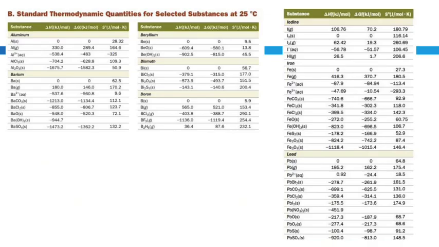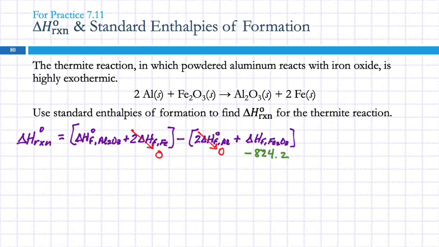And the other one I need is the aluminum oxide, right? Al2O3. Make sure that you get the right compound. The heat of formation, negative 1675.7. So I just looked those up in a table, okay?